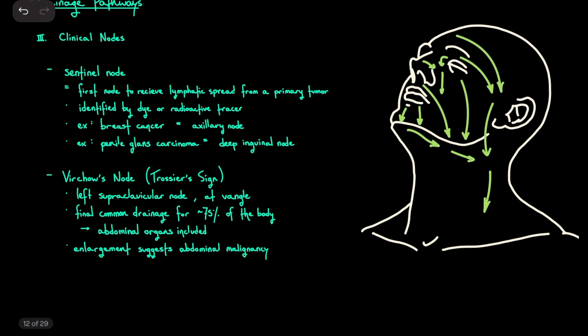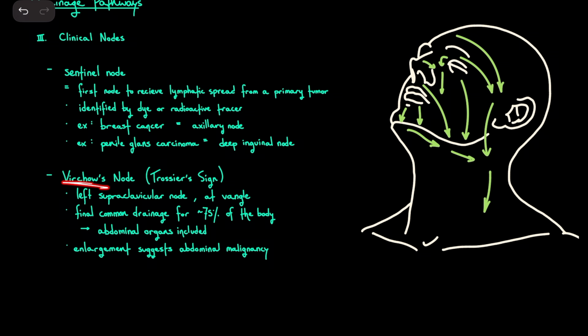And perhaps the best example of this, but it's a little morbid, I'll give you, is Virchow's node or Troisier's sign. So the left supraclavicular region here, so my left internal jugular vein would be here, and my left subclavian vein would be right here. So if you've been paying attention, you know that your thoracic duct will be draining right here. Well, right before that thoracic duct meets with the venous angle, we have a chunk of nodes.